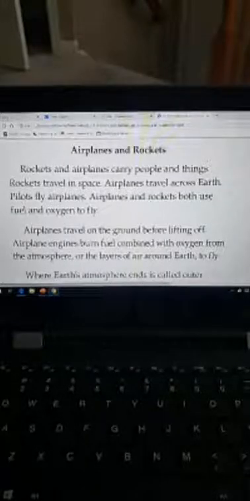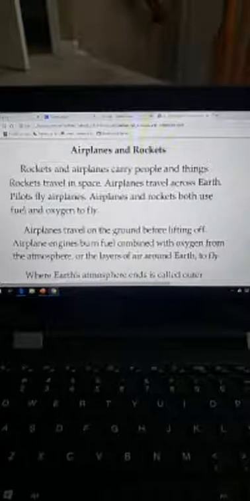Good morning. So when we get started, this is our text, Airplanes and Rockets. So just from the name of our text, we know we're going to be comparing and contrasting airplanes and rockets.